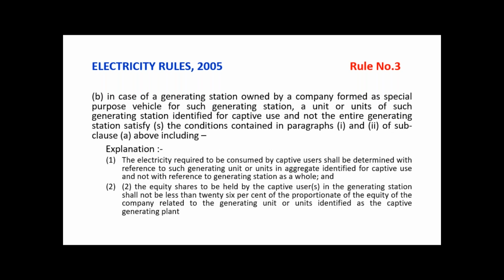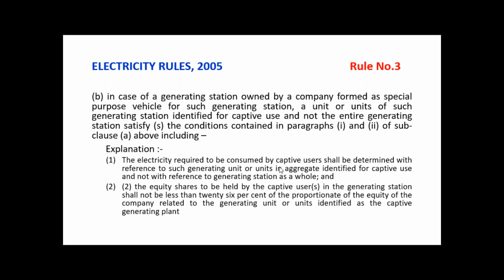Then sub-point B. In case of a generation station owned by a company formed as a special purpose vehicle for such generation station, a unit or units of such generation station identified for captive use, and not the entire generation station, satisfy the conditions in paragraphs 1 and 2. So what are those conditions?